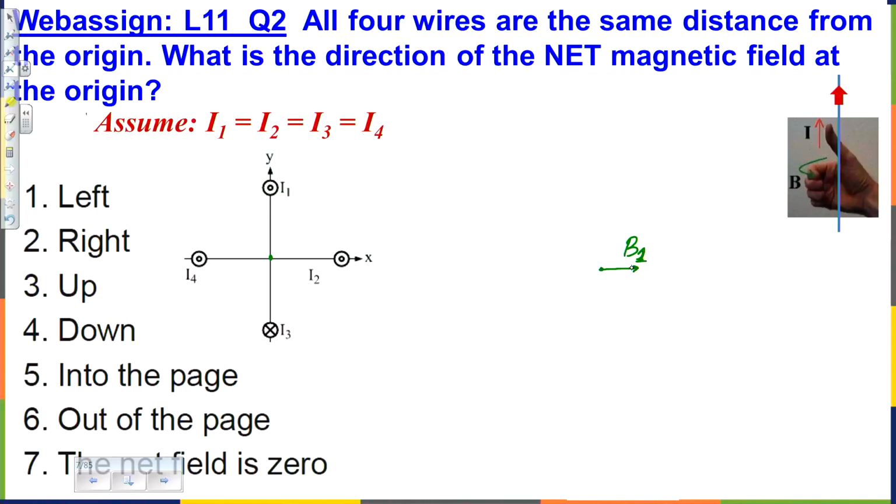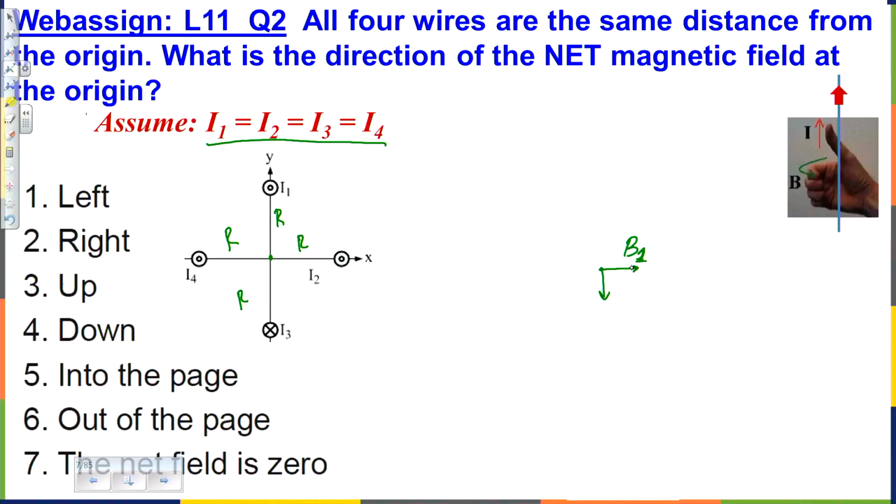Now, if I want to draw four magnetic field vectors, some of them might be longer, shorter. In this situation, R, R, R, R, the distance is the same, and the current is the same, which means all magnitudes should be the same.